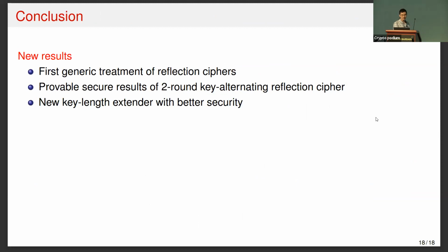And the last slide, the conclusion. Our new result is the first generic treatment of reflection ciphers, where we have two main contributions. The first one is that we prove the security result for two-round key alternating reflection ciphers, and we also provide a new key extender with better security.